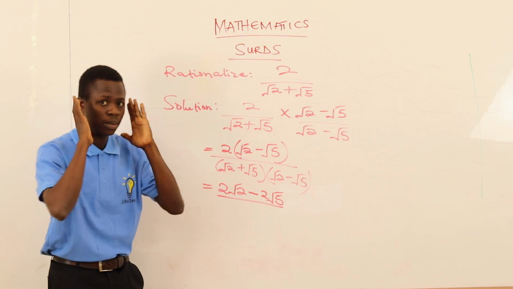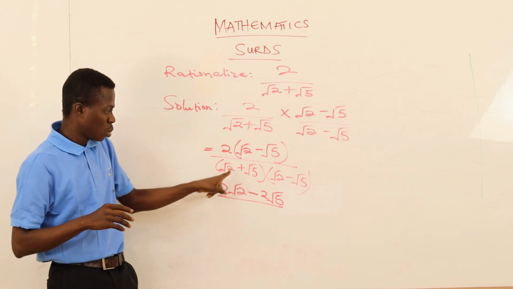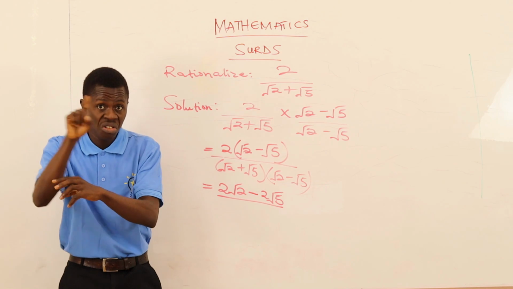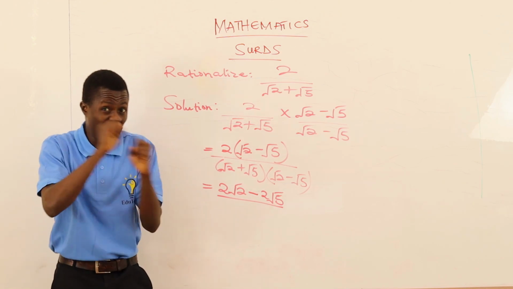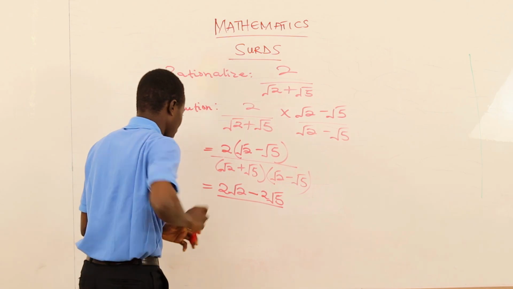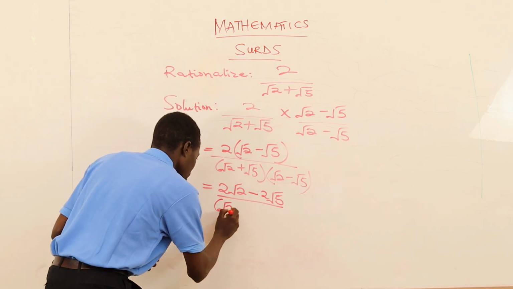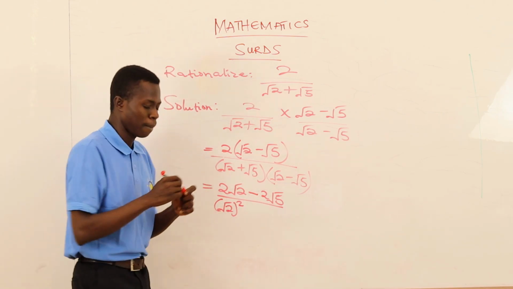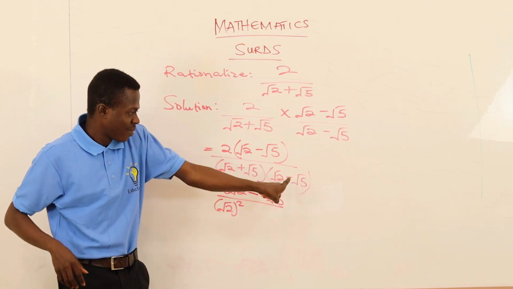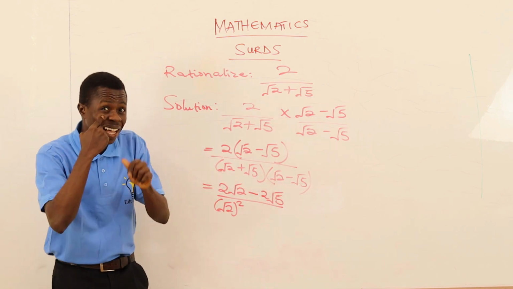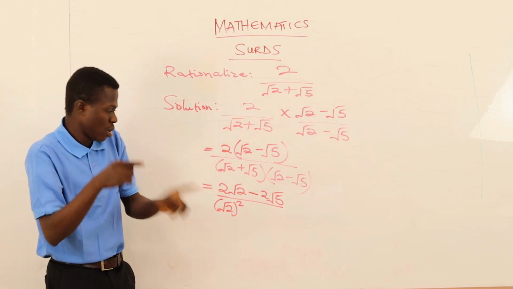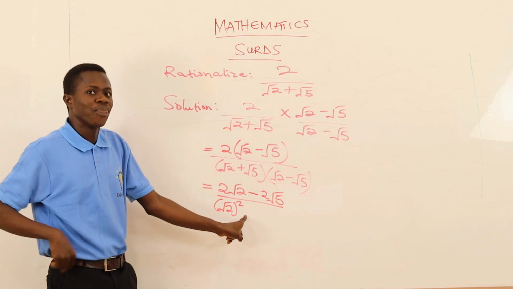All divided by, then we multiply the denominator as well, the expression in the denominator. So we have 2 square root 2 multiplying square root 2. So we know that it's going to give us square root 2 to the power 2. Then square root 2 again multiplies the next expression, which is minus. So you always have to remember minus.